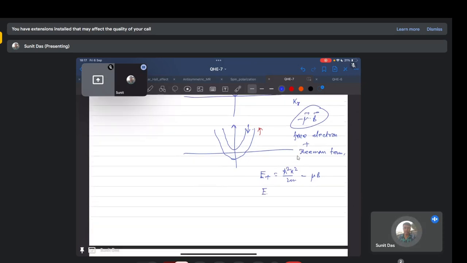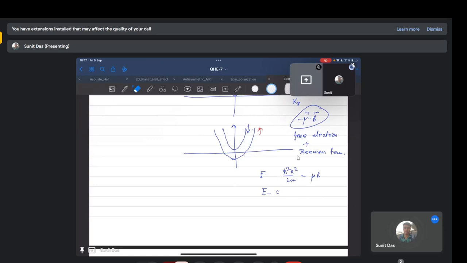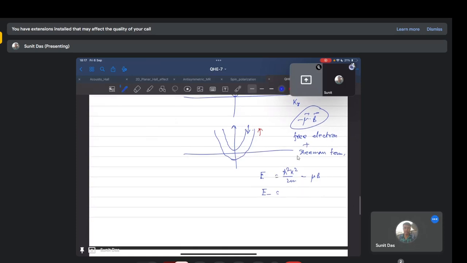I should represent it as E minus, just for consistency with the Rashba model also, and E plus will be, let me write and then repeat, plus mu B.